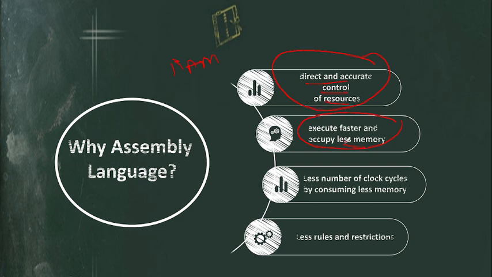That is why it occupies less memory. For execution we use a very small number of clock cycles, that is an advantage. Also the number of rules and restrictions is going to be less because we have a very reduced instruction set. Because of all these advantages, we still make use of assembly language programming.